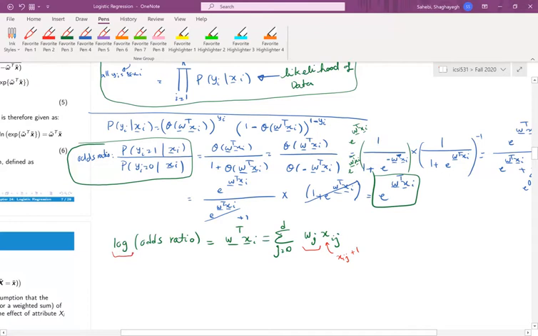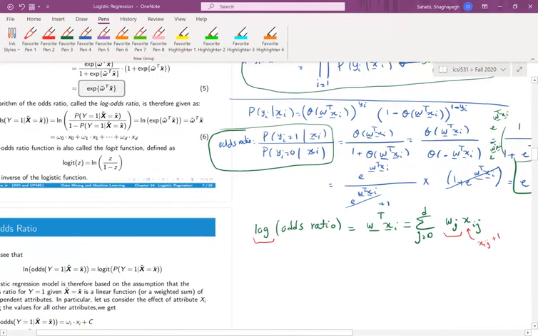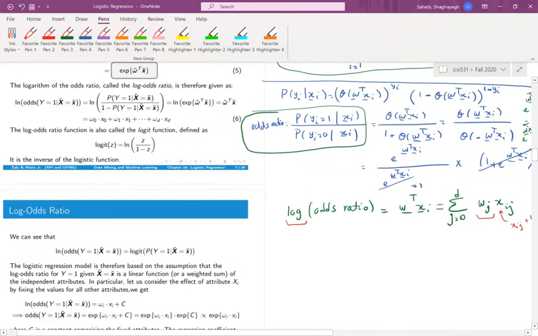So one unit change in xi is going to affect the log odds ratio linearly with respect to w. Okay, so this log odds ratio function is also the logit function that you see here.